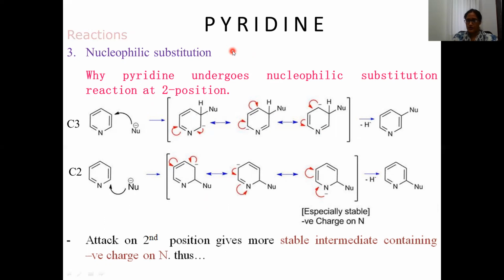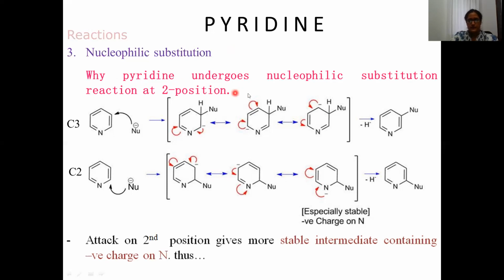So remember this point for pyridine molecules. It is an important point for every student to remember: pyridine undergoes both electrophilic substitution, as we have discussed in the previous slides, and nucleophilic substitution, which we are discussing over here.